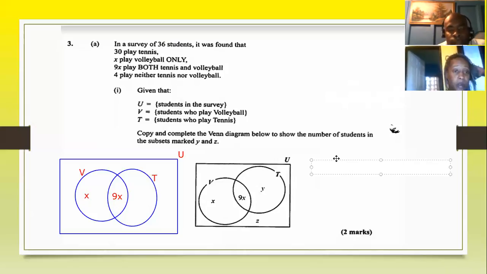So 30 plus 20. But that part where we're going to put the Y is what? Look where Y is. We'll put 30 right there. You sure we're going to put 30 right there, sir?